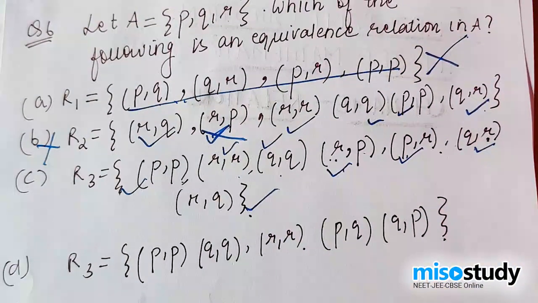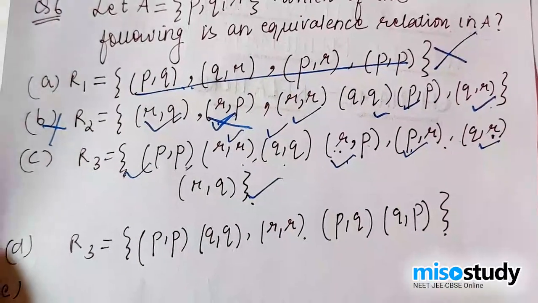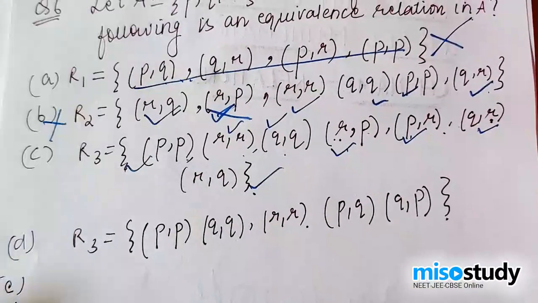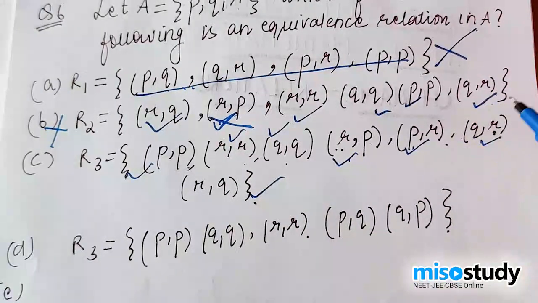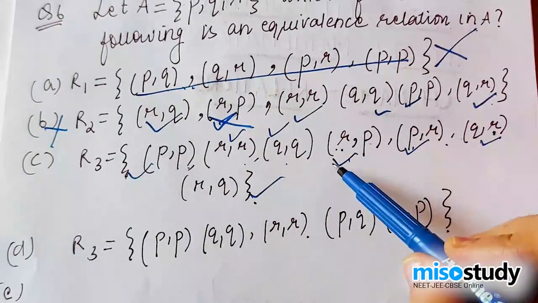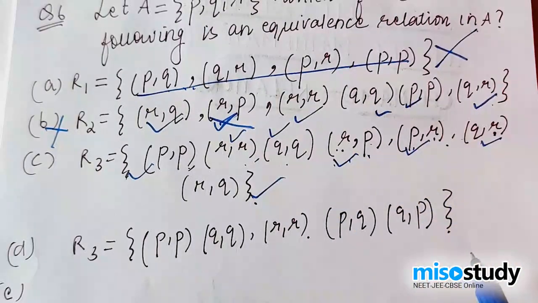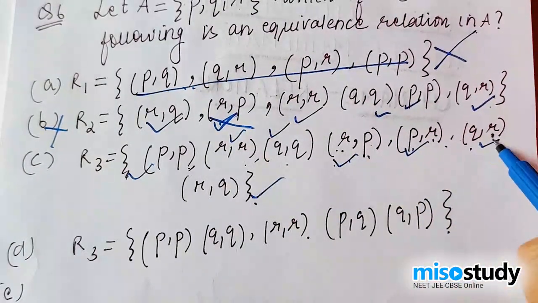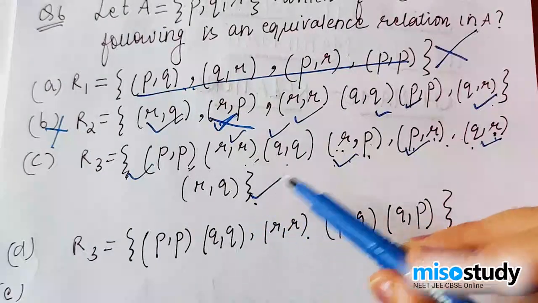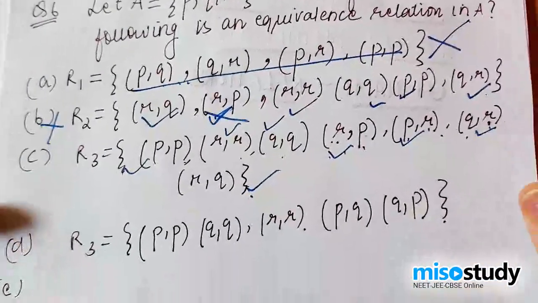So symmetric, it's reflexive. Let's talk about whether it is transitive or not. R is linked to P and P is linked to R, then you must have RR linked to each other. Yes, that's fine. Q is linked to R and R is linked to Q, then you must have QQ. So I can see that it's transitive also.